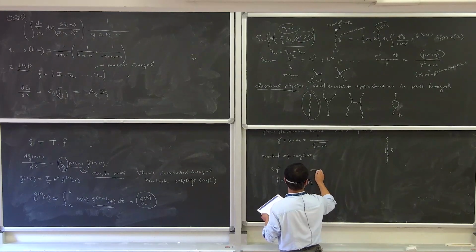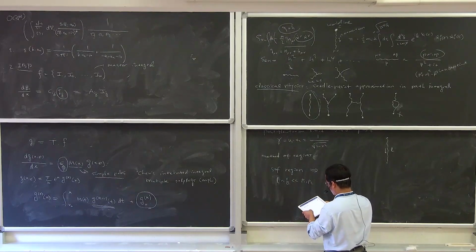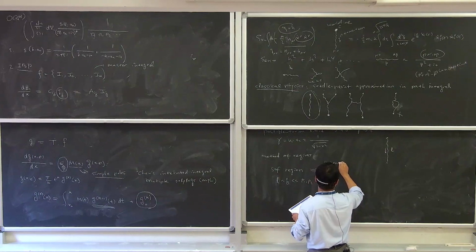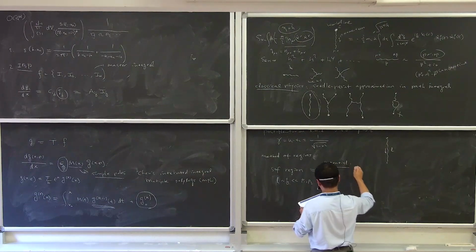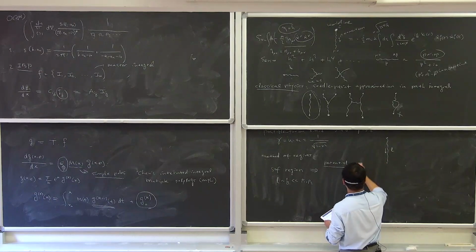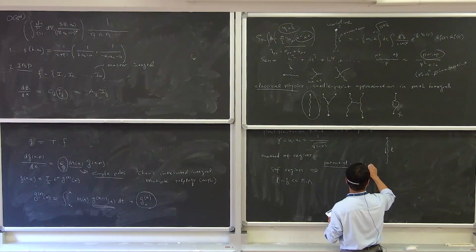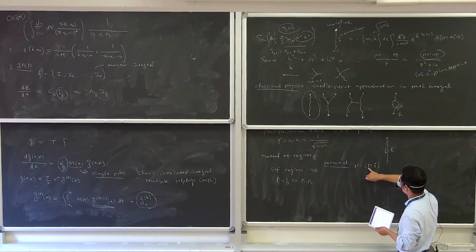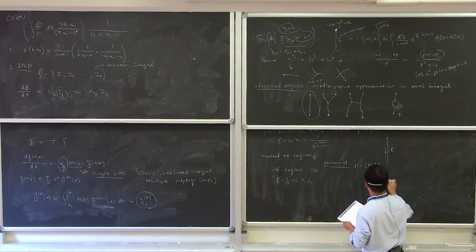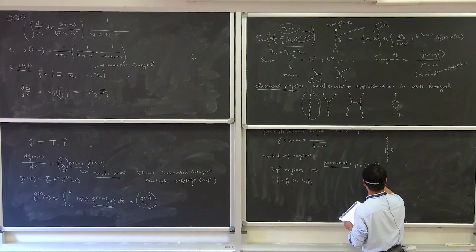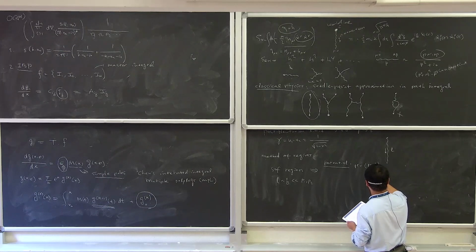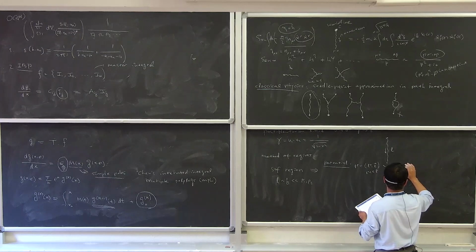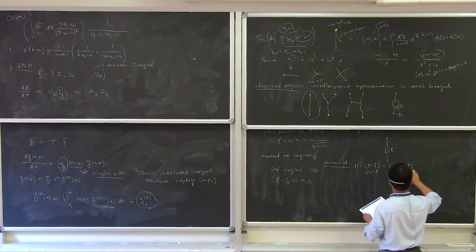So the soft region can be classified into two different regions. One is the potential region. So for the potential region, this is the energy component and this is the momentum component. For the soft region, this is much smaller than this. So we can, like this Q, this Q is the momentum transfer.